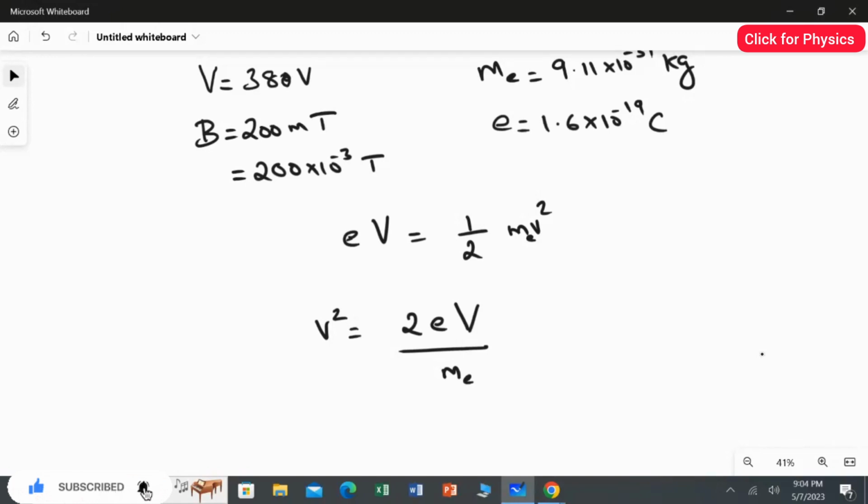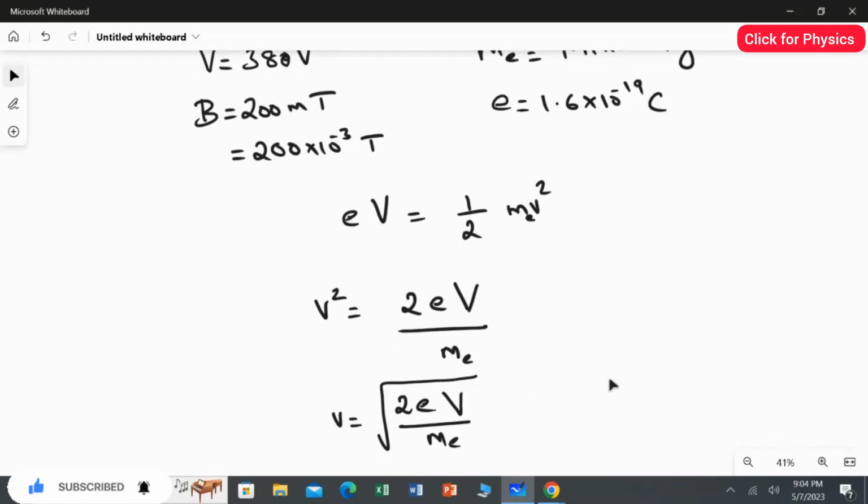If you take the square root on the left hand side, you get small v, and on the right hand side, everything will come inside the square root: 2 multiplied by the charge of the electron multiplied by the potential divided by the mass of the electron.